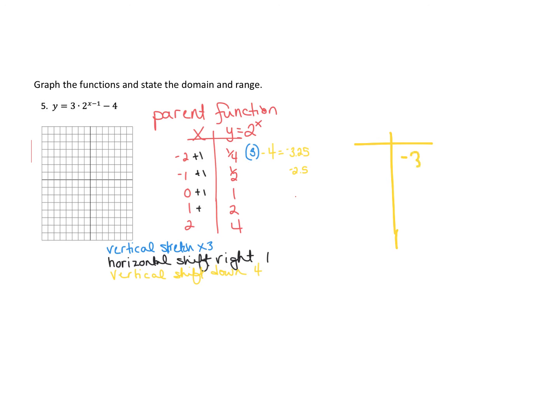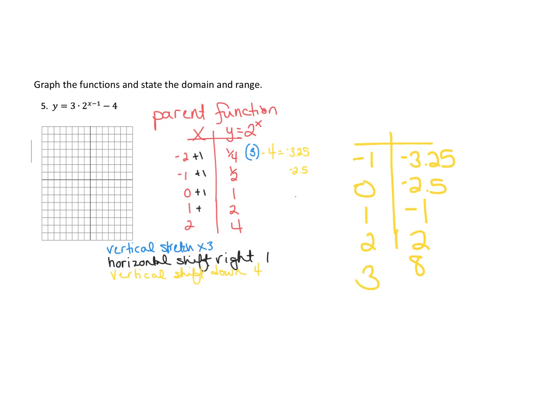So my new one will be -3.25, then it would be -2.5. If I multiply 1 times 3 would be 3 minus 4 is -1, 2 times 3 is 6 minus 4 is 2. And 4 times 3 would be 12 minus 4 would be 8. And then as far as my x values, they're each just shifted 1 to the right, so it would now be -1, 0, 1, 2, and 3.